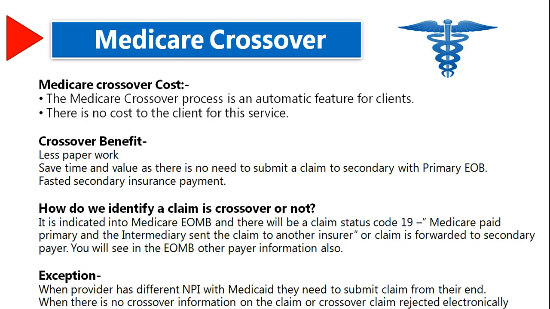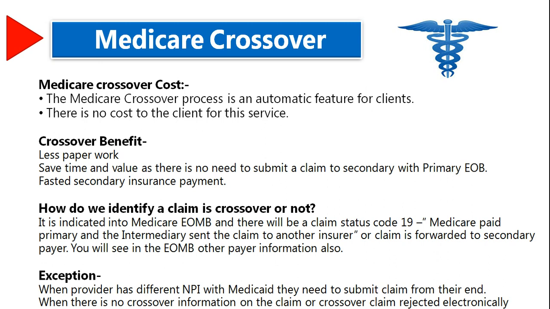Earlier we used to send EOB to secondary insurance company, and now all of these things are happening electronically. So, with the crossover, there is no need to send the claim with primary EOB, because Medicare automatically transfers the data. Second thing, it saves time and value, as there is no need to submit a claim to secondary with primary EOB.